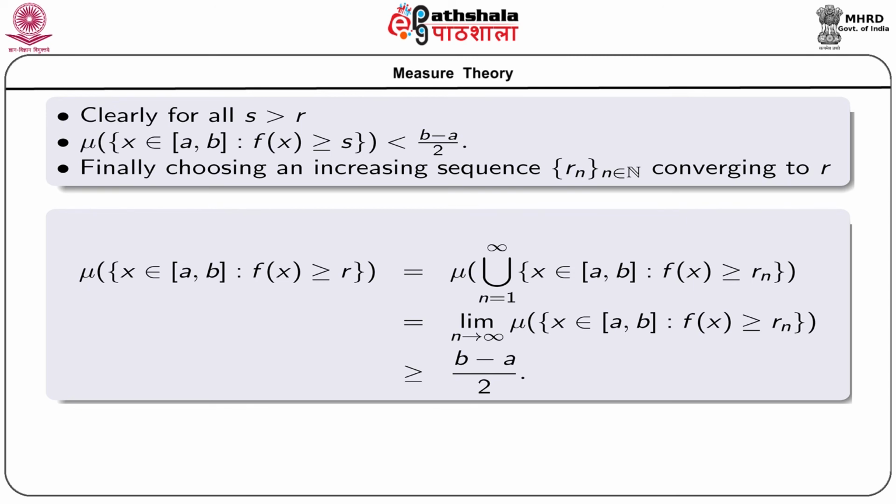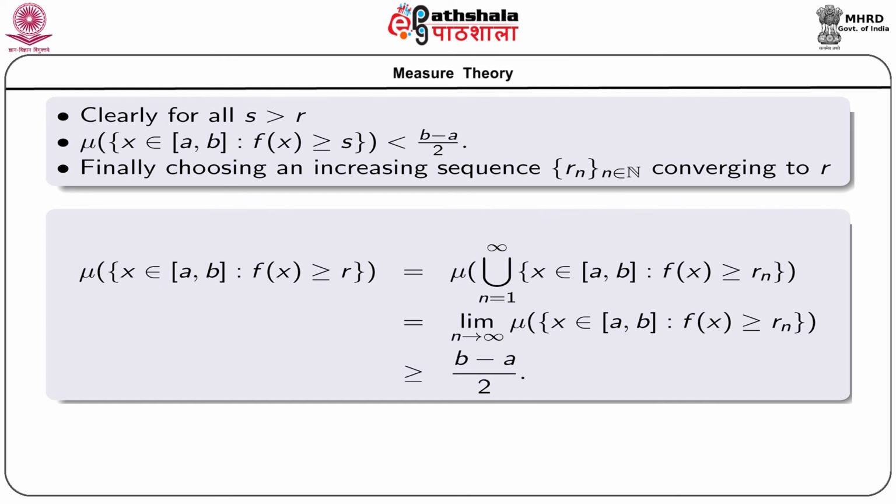See that r_n is an increasing sequence converging to r, so r is the supremum of those r_n, and f(x) ≥ r means f(x) ≥ r_n for at least some n.